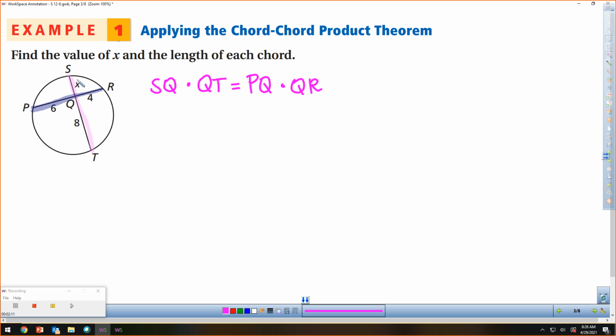So now we plug in what we know. SQ is X times QT, which is 8, and that's equal to PQ, which is 6, times QR, which is 4. So X times 8 is just 8X, and that's equal to 6 times 4, which is 24.